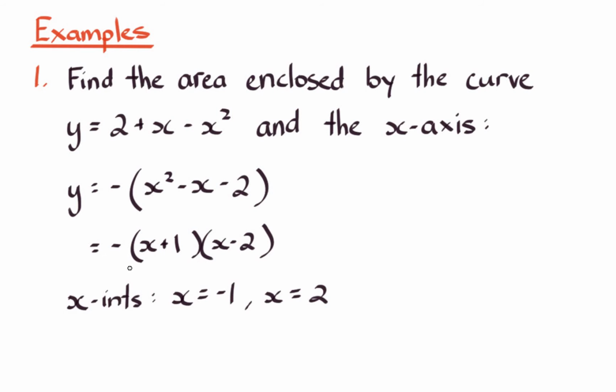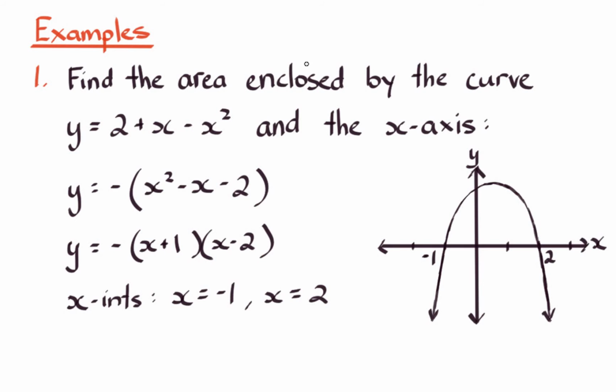Remember, x-intercepts occur wherever y is equal to 0. Putting these two x-intercepts along with the fact that it's a parabola and the fact that it's a negative parabola, putting all of that together gives us the following graph.